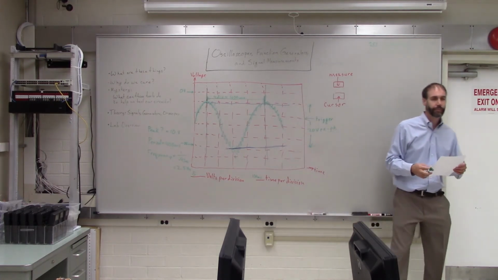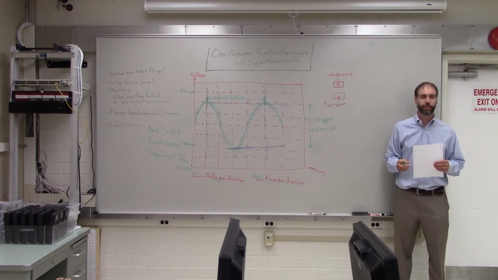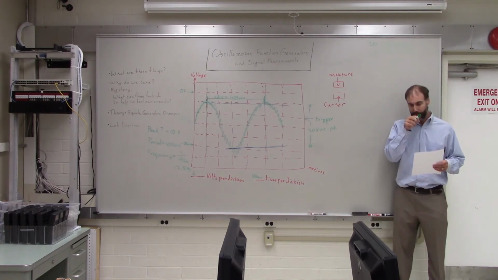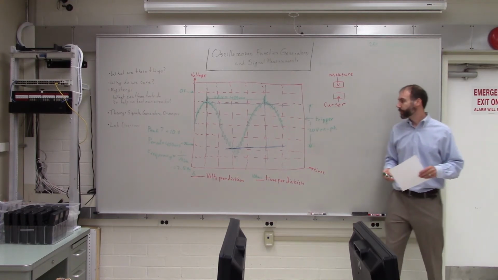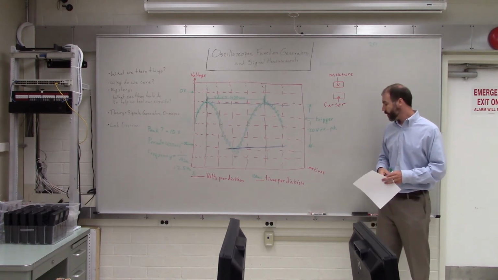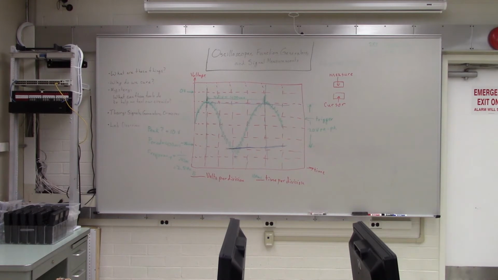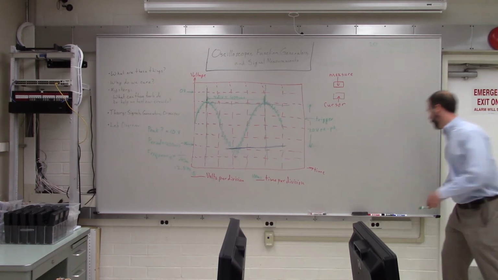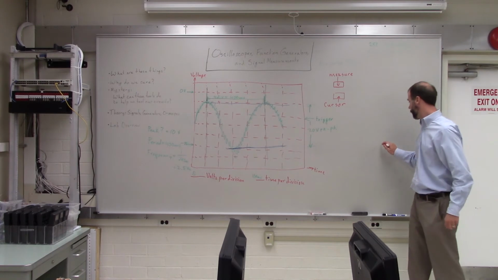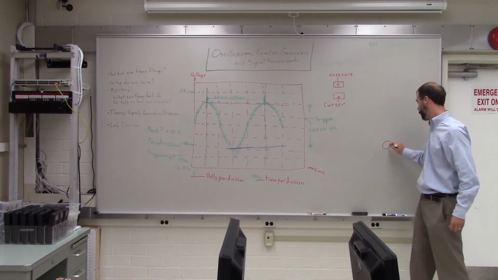Yeah? How do you change the volts per division and the time per division on the oscilloscope? Great question. There's a knob for each one of those. On the far right-hand side, there is a knob that says seconds per division.